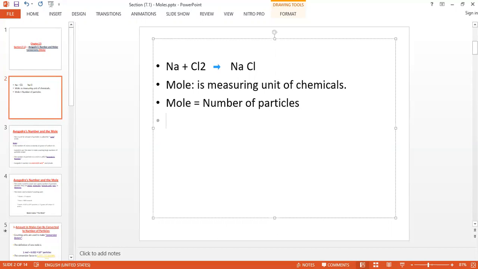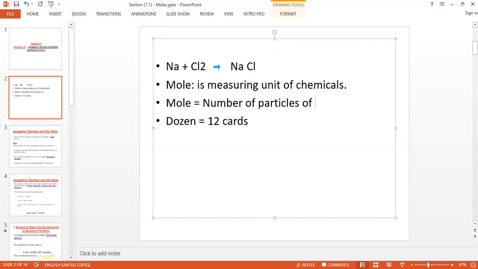To know what is this number, let me make it easier by giving you a very simple example. When I tell you I need a dozen of cards, for example, how many cards will you bring to me? Yes, of course, 12 cards. So a dozen is a unit for a certain number of cards or for anything. The dozen means 12. So mole is also a unit for a certain number of particles of chemicals.